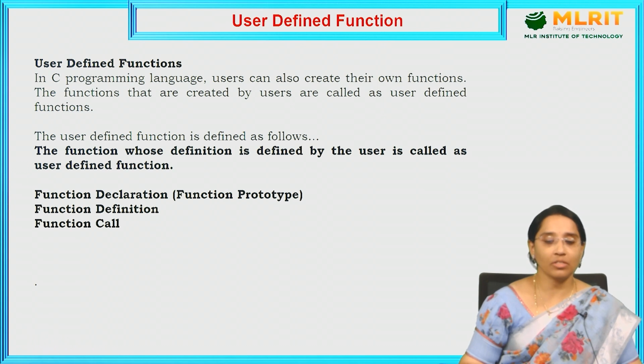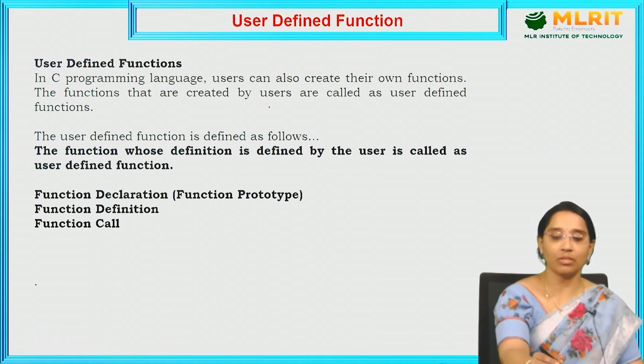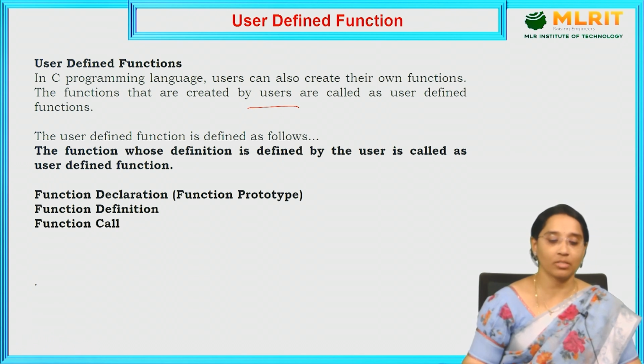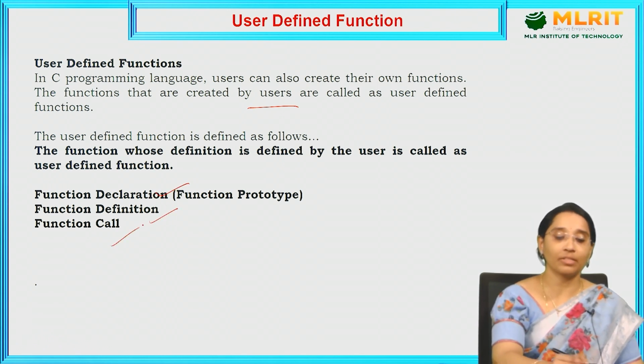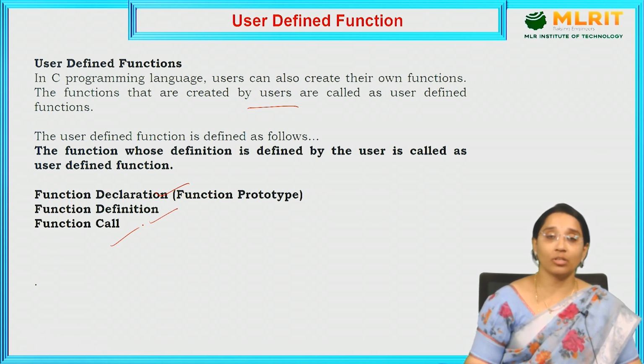And user defined functions. The functions that are created by the users are called user defined functions. We have seen function declaration, function definition and function call. The function declaration is written above the main function and the function call is written inside the main function.